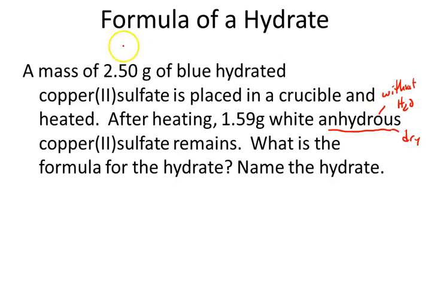So we've got copper 2 sulfate, so we actually know that we have CuSO4 dot N H2O. What we don't know is how much water. So what we're going to do is heat the copper 2 sulfate hydrate until the water leaves.